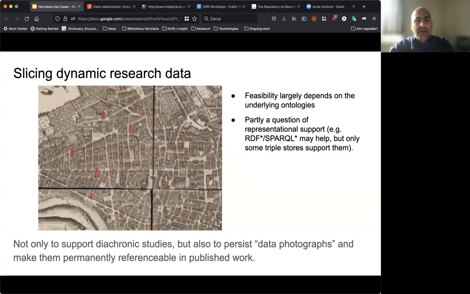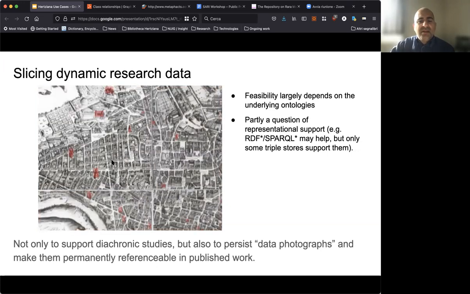Now, typically one thing you want to show is the aggregation of data. And this typically is in a map, for example, but a dynamic map that shows the evolution, for example, of sacred places, of churches in a town over time.